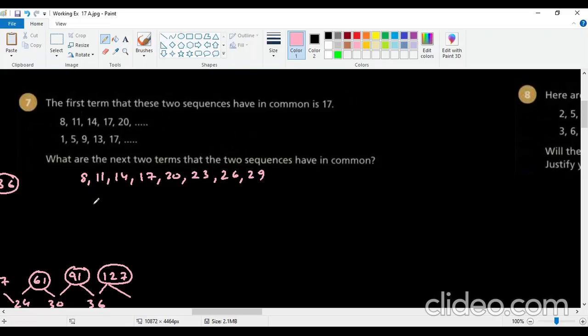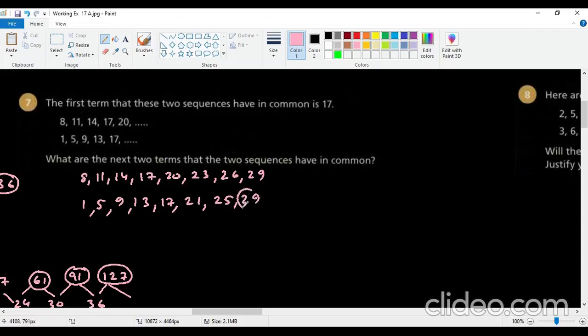When we look at the second sequence, this is also arithmetic because the difference is the same in all the numbers. So it is 1, 5, 9, 13, 17. As we can see here, 4 is added to every previous number. So the next number is going to be 21, and then comes 25, and then comes 29.